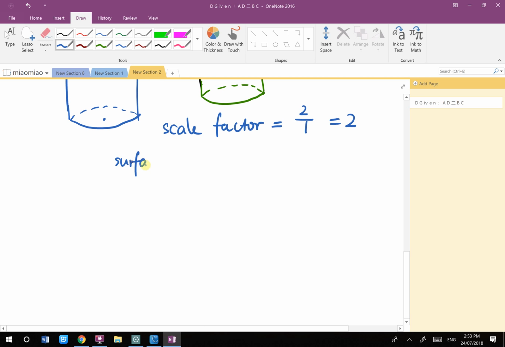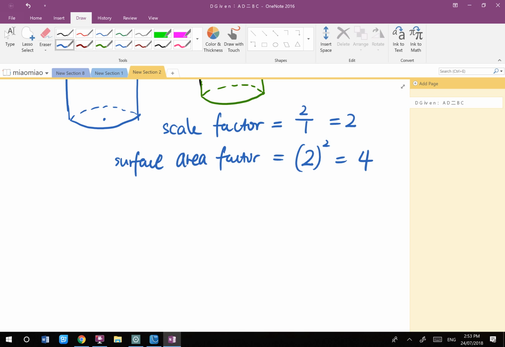Then if we talk about the surface area factor, that will be 2 squared, which is 4. So if the small one has a surface area of 10, then the big one will get 40. So it's 4 times, the square of the scale factor.